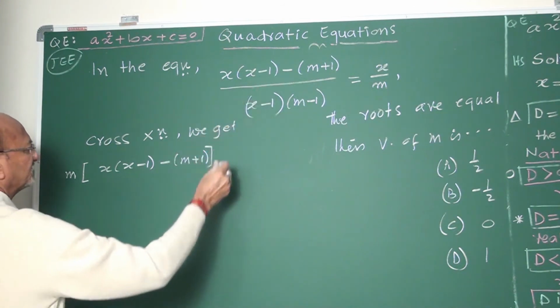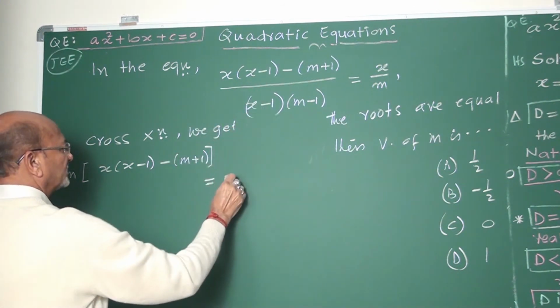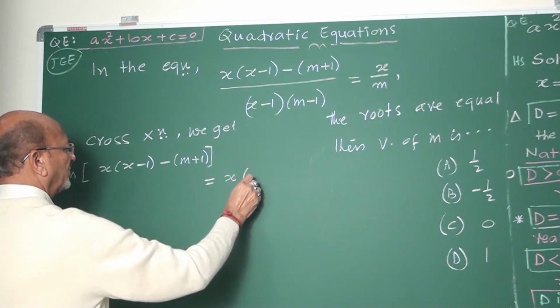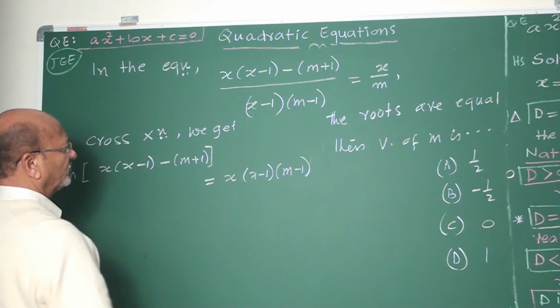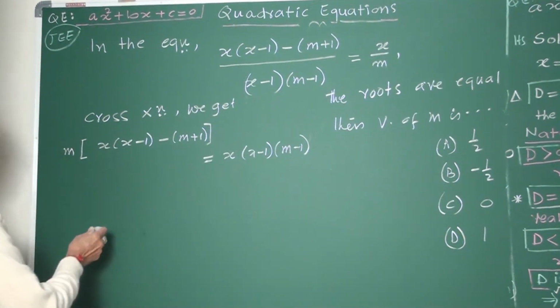The RHS is x into x minus 1 into m minus 1. Yes, my friend. This you have to simplify.